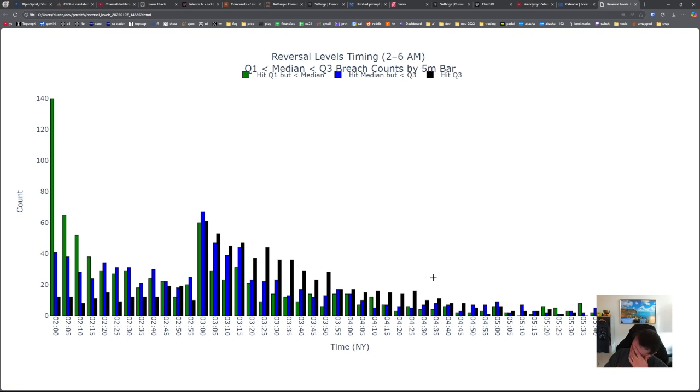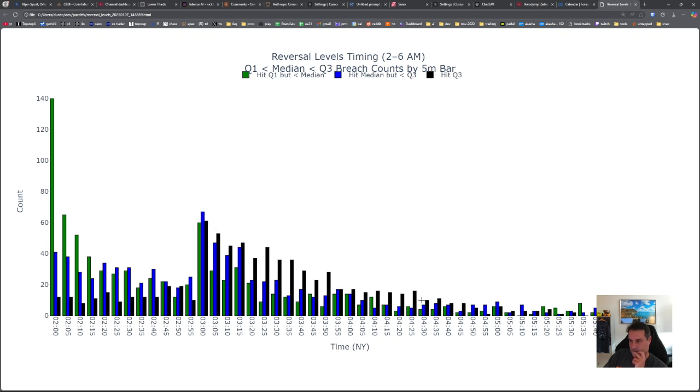The other one is the adversarial computation of this, and this makes the assumption that the candle will reverse, right? So we will hit the extreme of the manipulation at a certain time, measure that time, and see if we hit the median or not.